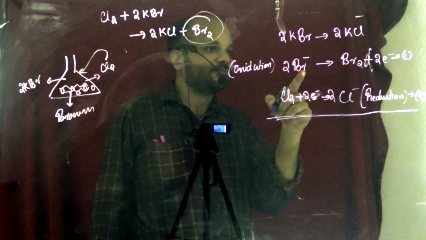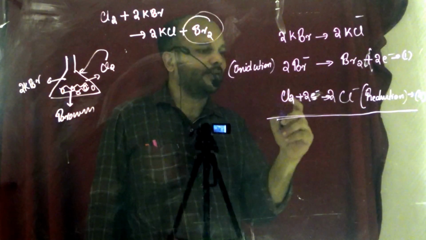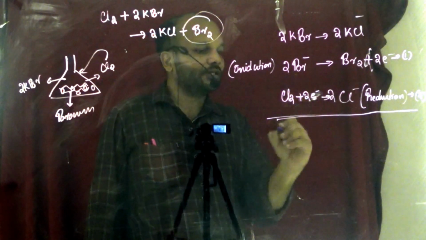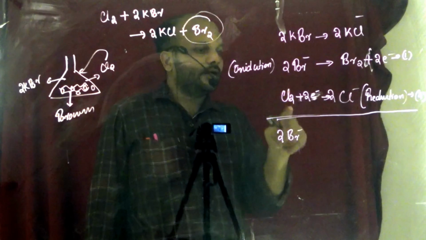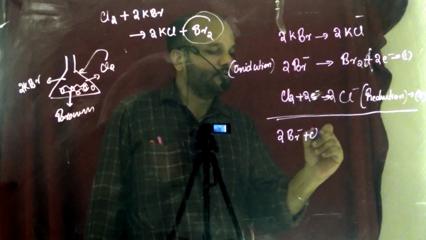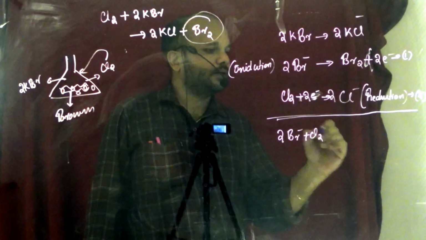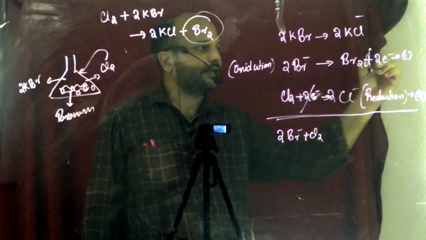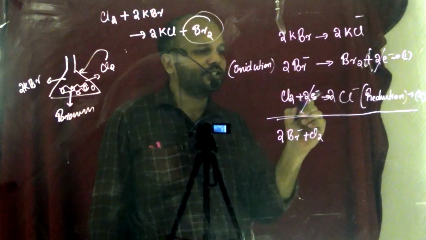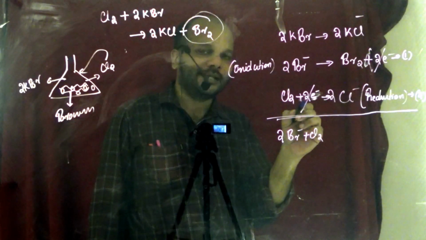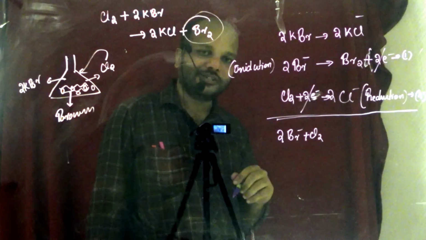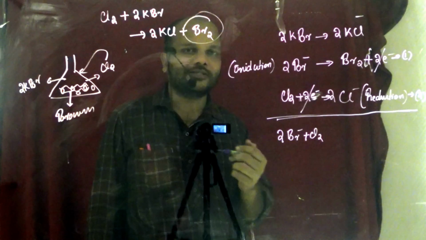So here I will add 2Br-, plus Cl2, and the 2 electrons cancel out, because they are on the reactant side in the reduction half-cell and on the product side in the oxidation half-cell.